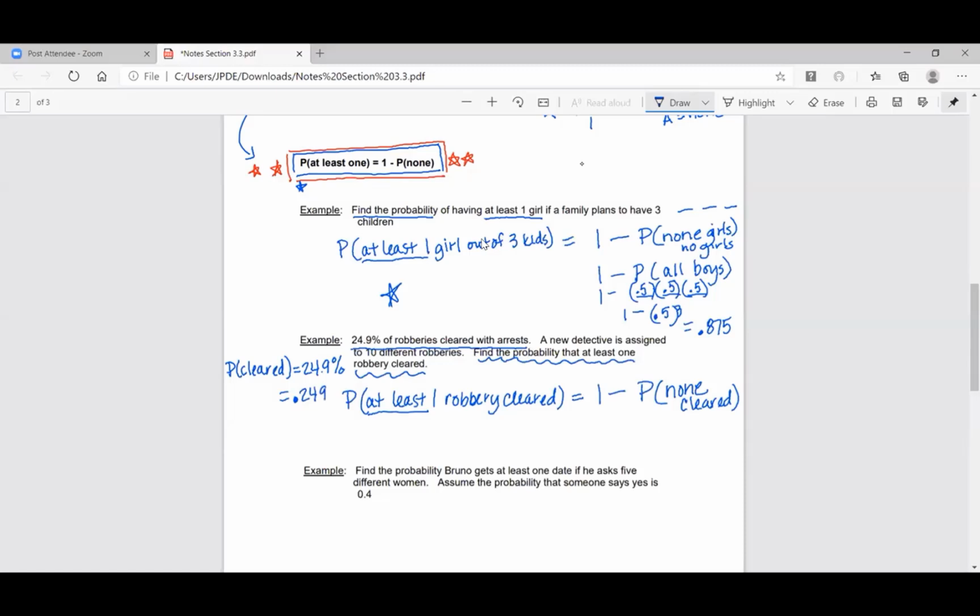So the probability that a robbery cleared was 0.249. Let's get this. Probability that it didn't clear. Well, those are complements. It either cleared or it didn't. Those are your only two options. So we would go 1 minus 0.249, 0.751.